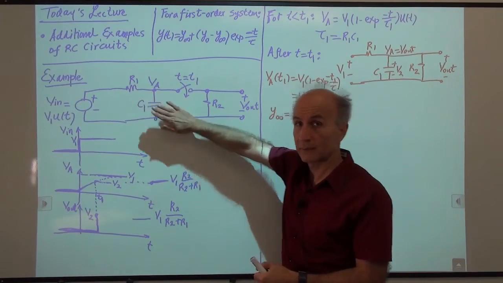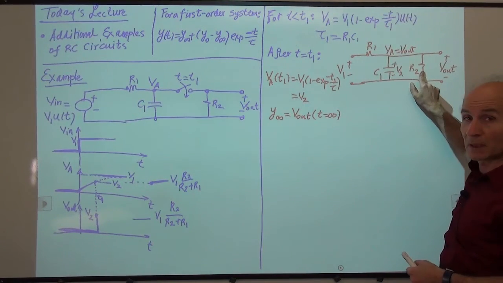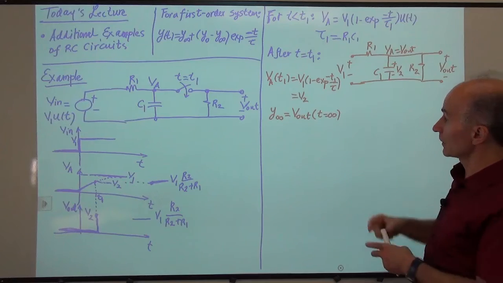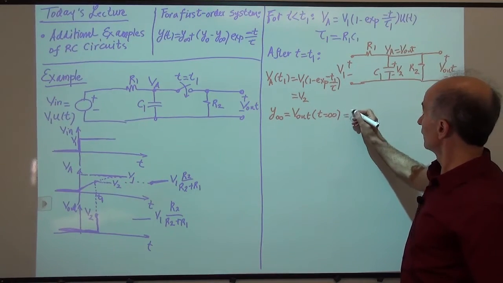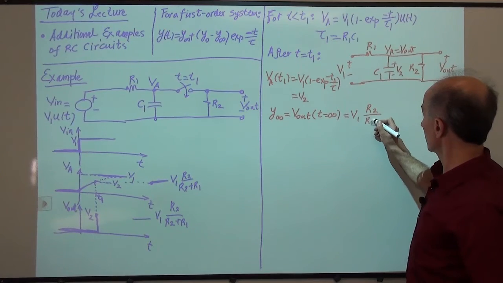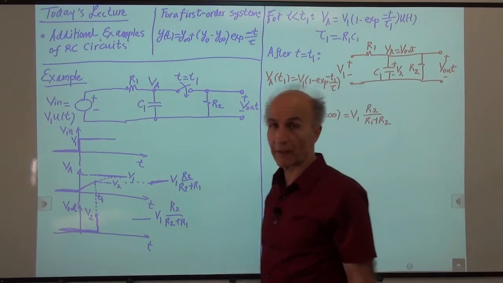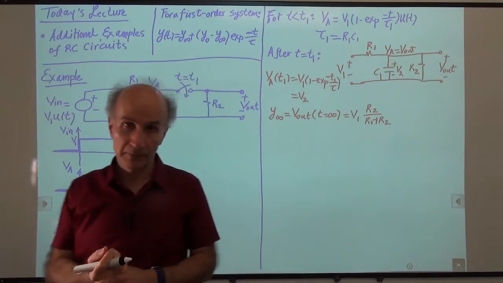It's an open circuit. So it's an open circuit here. We have only R1 and R2. They divide this voltage. So that would be V1 times R2 over R1 plus R2. Okay, so we have found the output at time infinity.